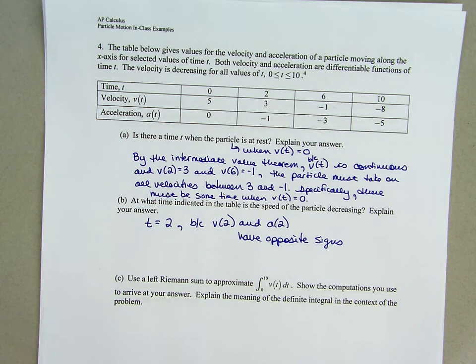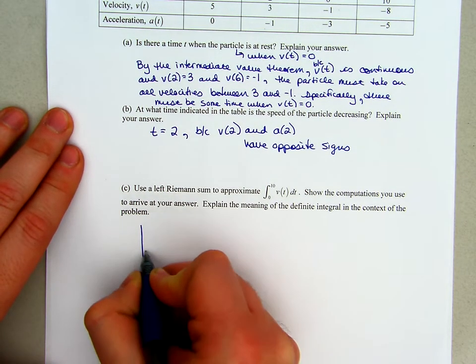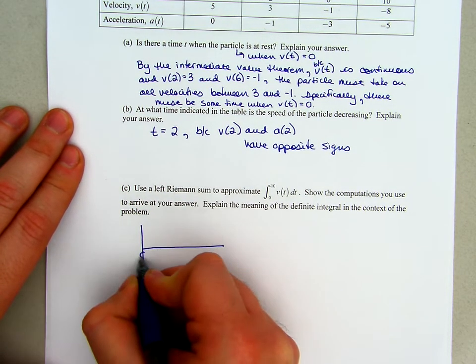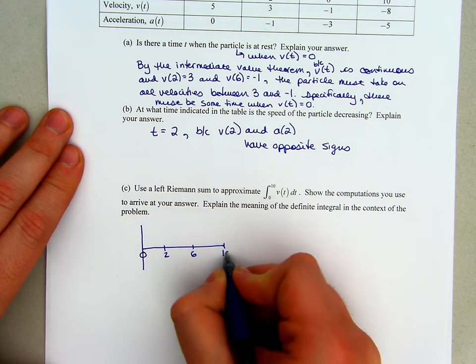Part C, we want to evaluate that definite integral, and we're told to use a left Riemann sum. It always helps me to draw a little graph, so I'm going to do that. I've got time 0, time 2, time 6, and time 10.